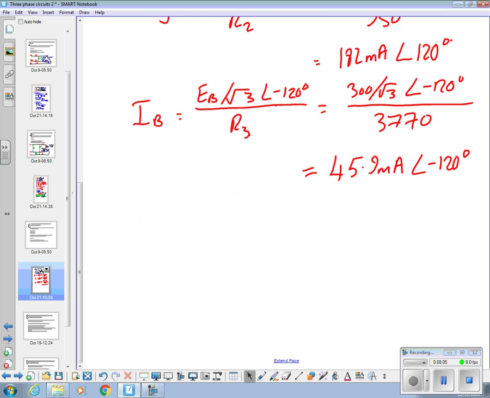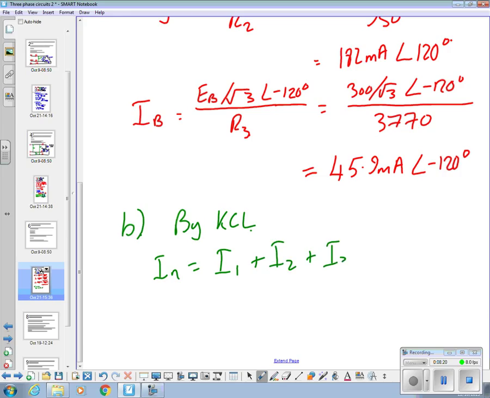So, part B, KCL: IN is I1 plus I2 plus I3. I've used red, yellow, blue to indicate them earlier, so it must be consistent.